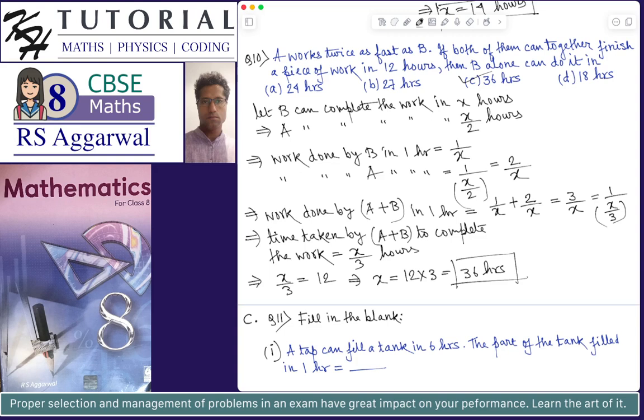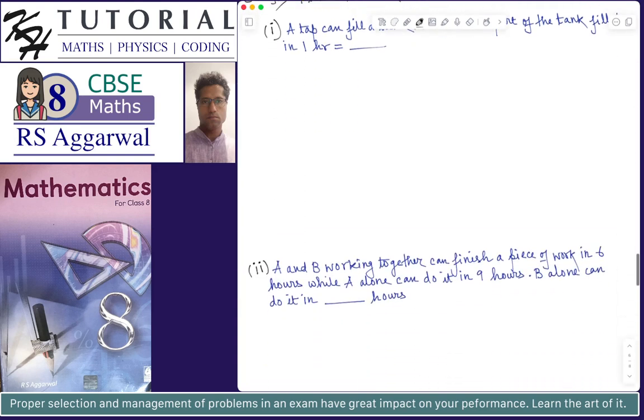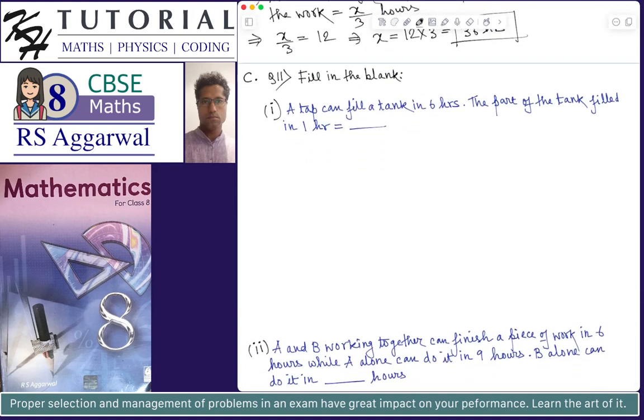Okay. Now section C, question number 11, there are a few fill in the blanks problems. The first one says a tap can fill a tank in 6 hours. The part of the tank filled in 1 hour is definitely 1 by 6.